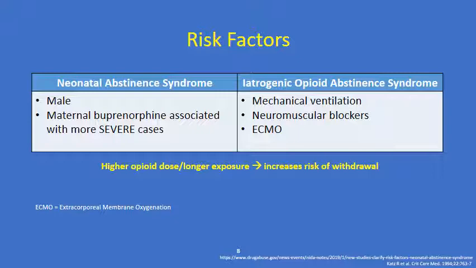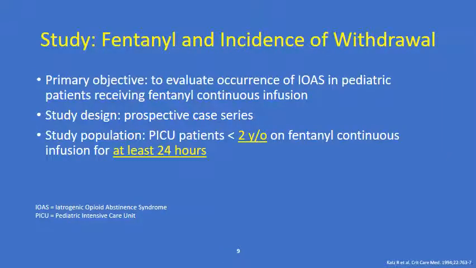And I know I briefly mentioned this earlier, why it's so important to look at the overall history and exposure of the medication, because higher opioid doses and longer exposure can increase risk of withdrawal. And there was actually a study looking at this. The overall fentanyl exposure was the drug specifically focused on, and then the incidence of withdrawal.